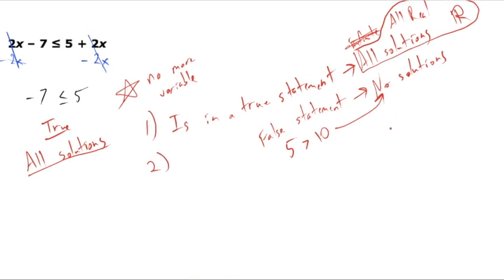So that's anytime all of your variables cancel after you started with variables to begin with. Here my x's all canceled away, leaving me with just negative 7 is less than or equal to 5. Then I just had to ask myself, is that true? If it is, infinite solutions, or all real solutions. If it's false, then there's no solutions.